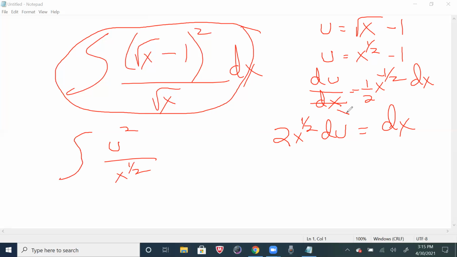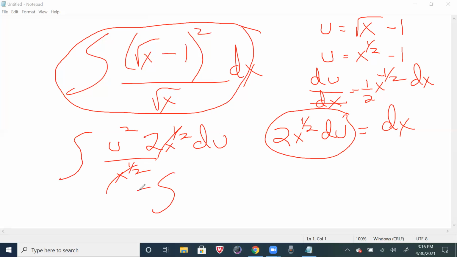And then for dx, let's put this: 2x to the 1/2 du. And now notice the x to the 1/2s cancel, and you have a perfect integral in u.